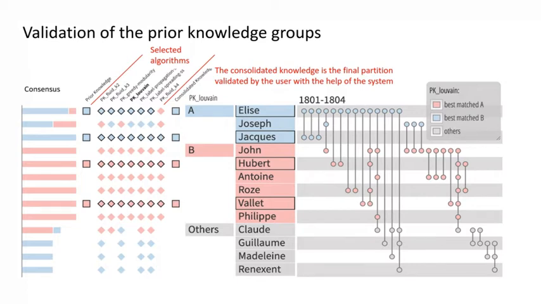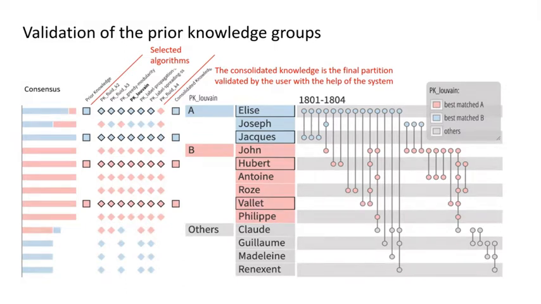Then we have the results of the algorithms represented as columns. First we show the prior knowledge as a column that the user entered. And then there are all the algorithms that the user selected. Each diamond represents the result of one algorithm for one person.